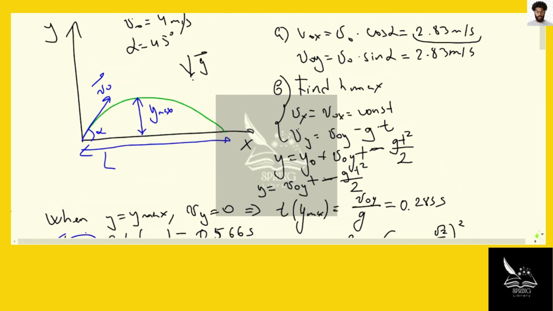So if we plot it here, the final velocity is shown here. So basically the angle will be negative 45 degrees. So the new angle between the horizontal line and the velocity equals negative 45 degrees.